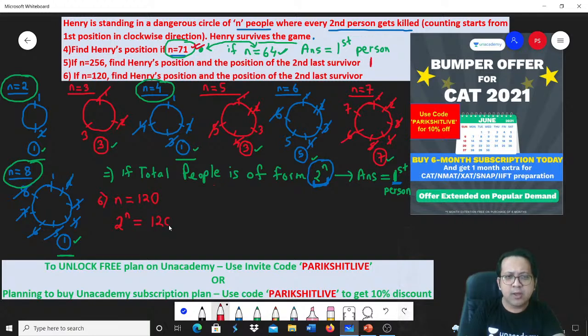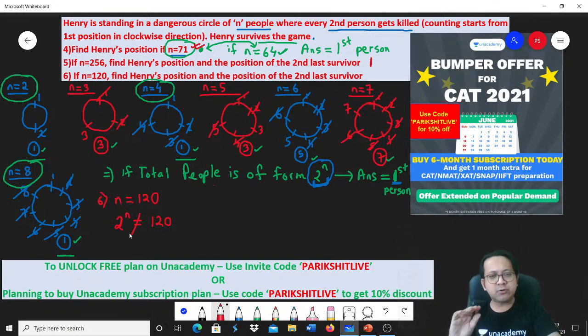Not possible. 120 is not of the format 2 to the power n. But what is the nearest number to 120 which is a power of 2 and lesser than 120? 2 to the power 7 is 128. 2 to the power 6 is 64. So if you can have 64, you can easily get the answer.